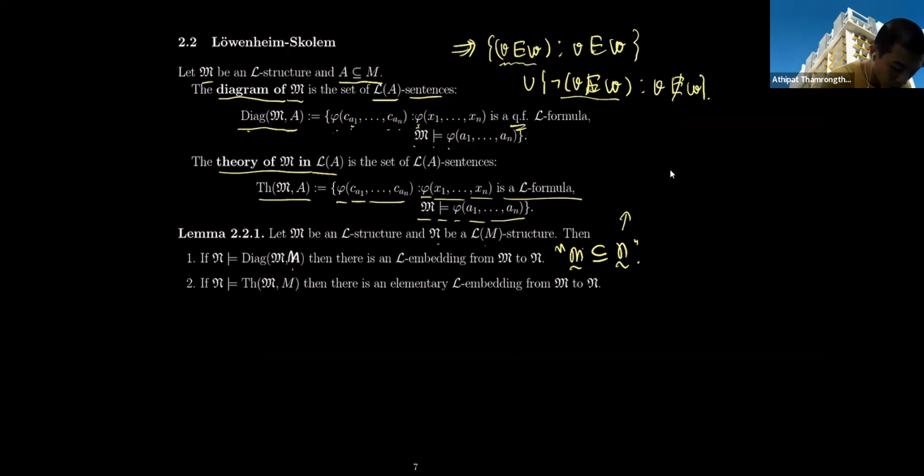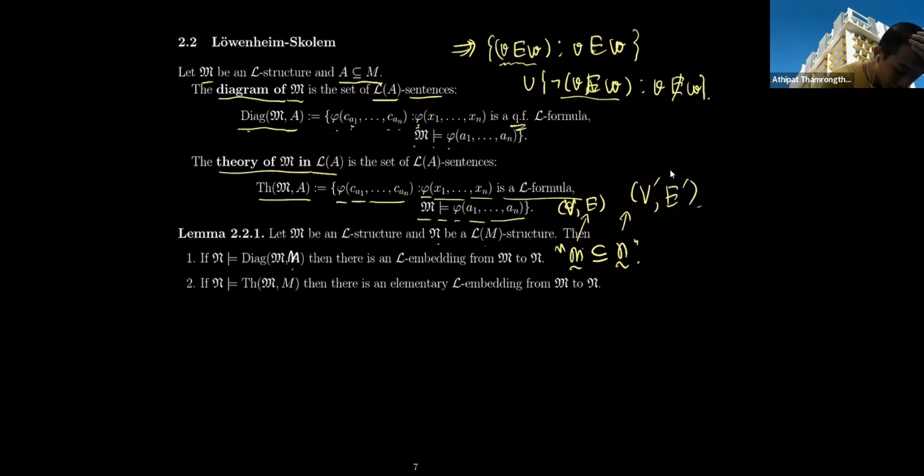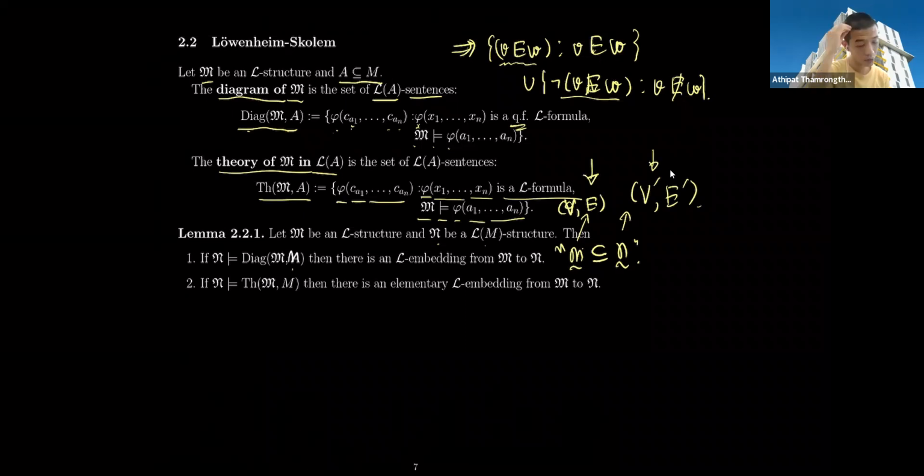If we want to be more precise on the proof of the graph theory one, what we need to do is this M is going to be your model of your graph, but this N right here is going to be an extension of your graph, right? And if you have a coloring on here, you can have a coloring on here as well. Okay.